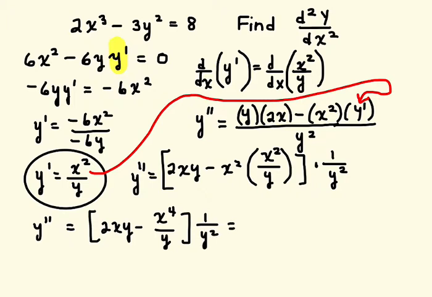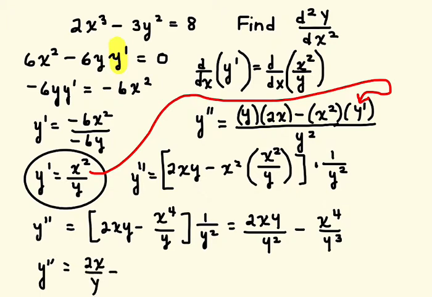So the first term is going to be 2xy over y squared minus x to the fourth over y cubed. And certainly this can be simplified so that y double prime is equal to 2x over y minus x to the fourth over y cubed. And I'm going to put a box around this. This is our final answer.